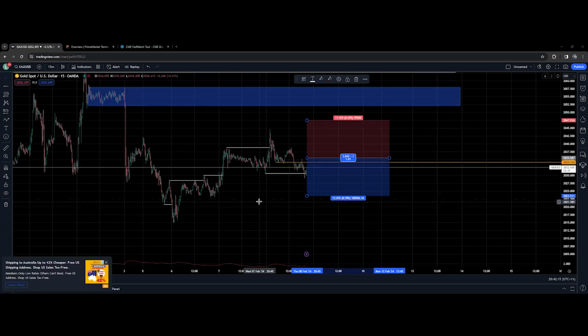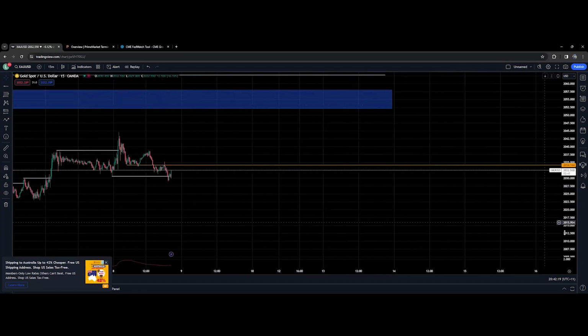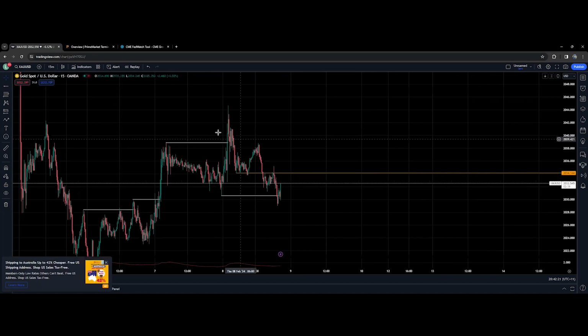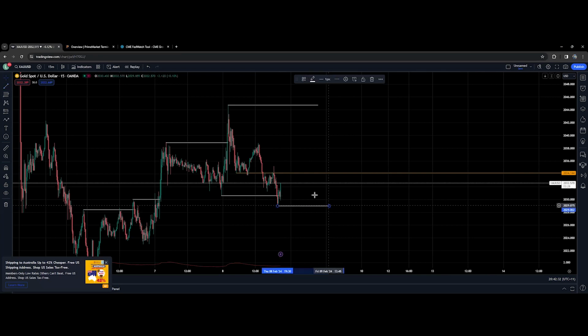Okay, coming back. So now if we get the Fibonacci on this level here, well, now this is our top, and this is our bottom, because the market is coming back and it's pushing very strong. So this is our bottom here.